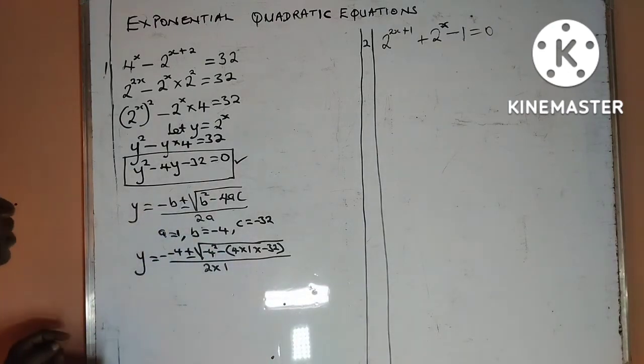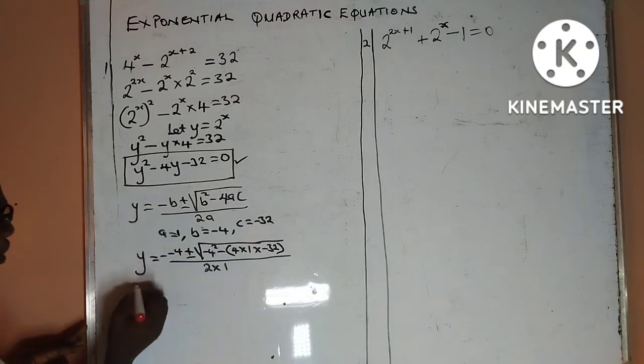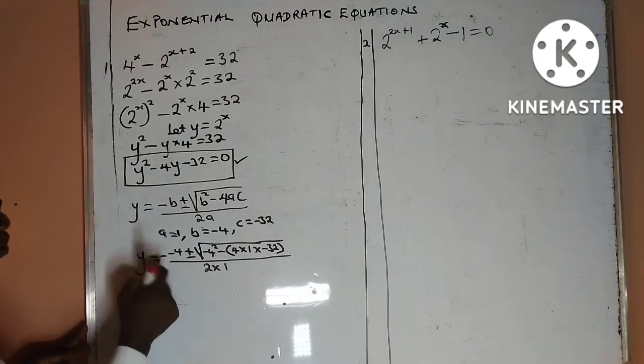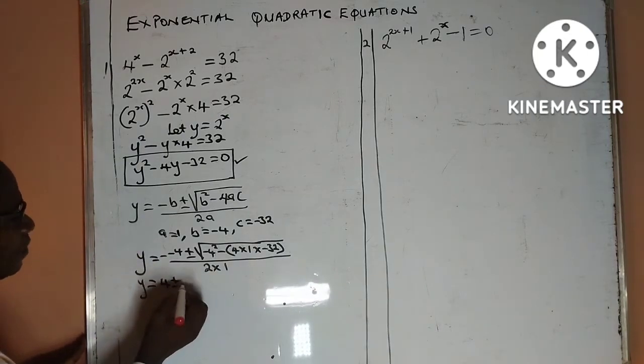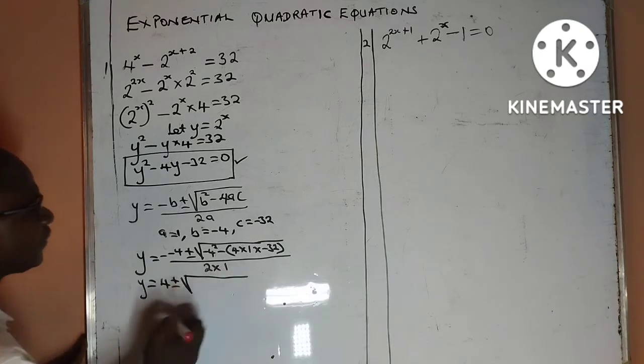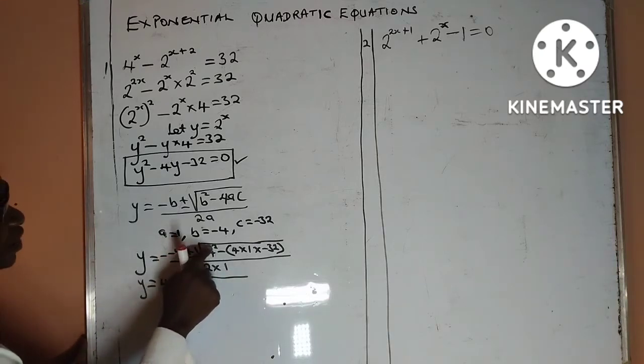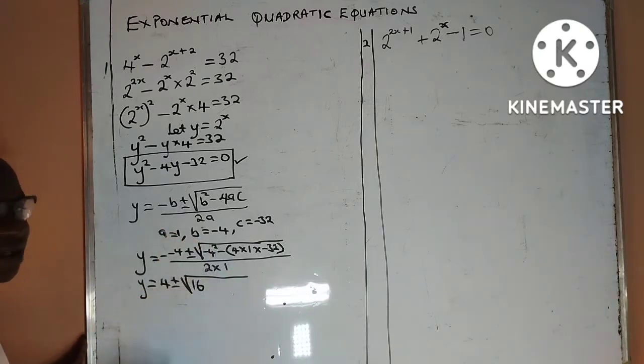Okay, now if I solve, this is going to give me y equal to minus of minus 4, which will now be 4, then plus or minus square root of minus 4 squared, which will give me plus 16.